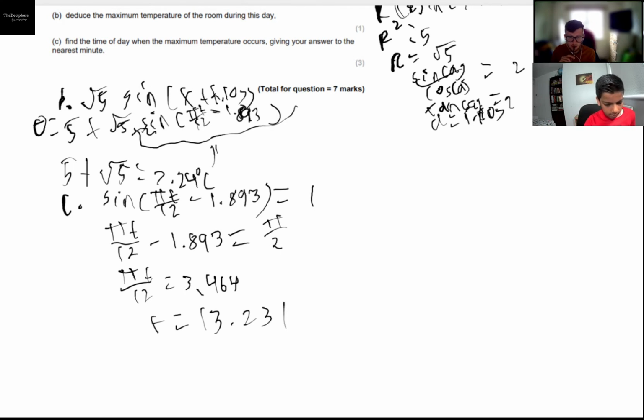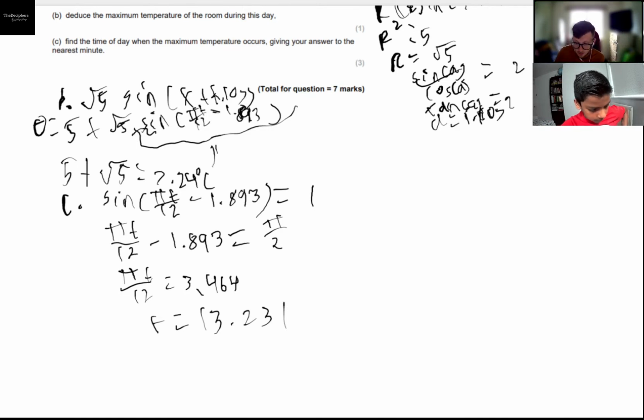Remember, t's in hours, but you have to give it to the nearest minute. So similar to that last question, you can press that magic button. That is 13 hours and 13 minutes, and 50.62 seconds. So we're going to give it to the nearest minute, so it's not 13, it's 13 and 14.